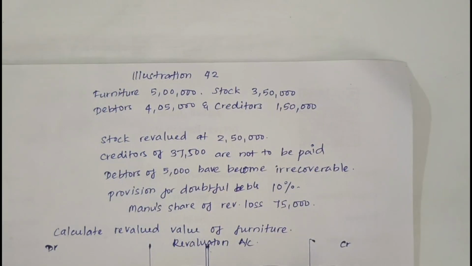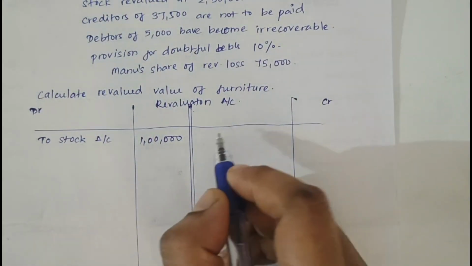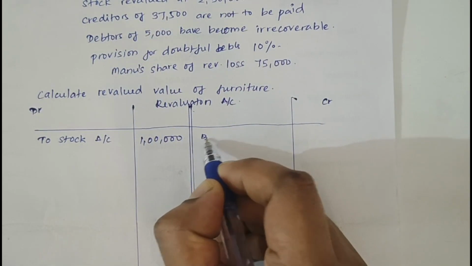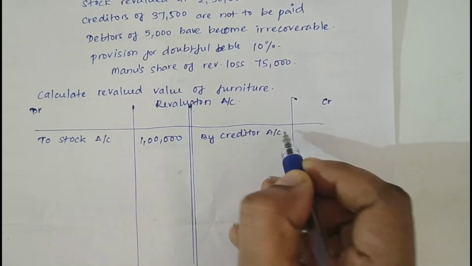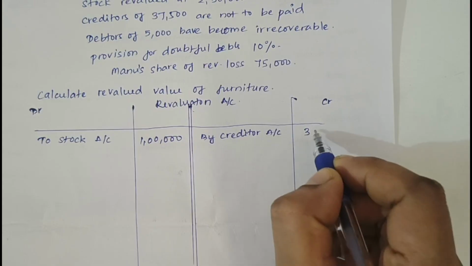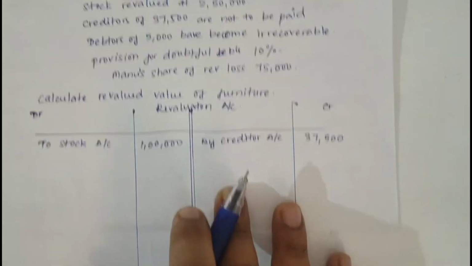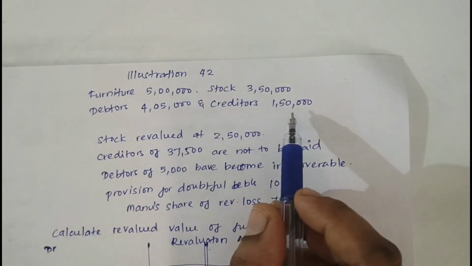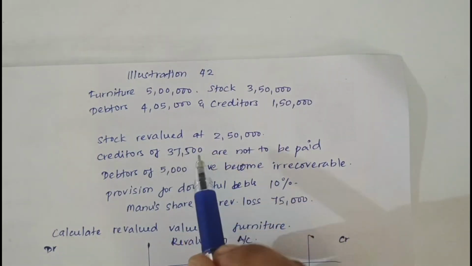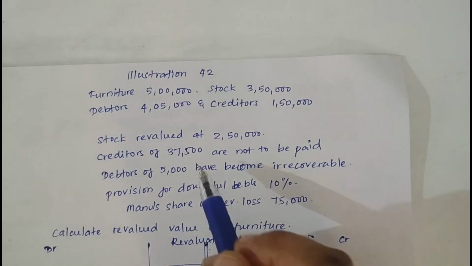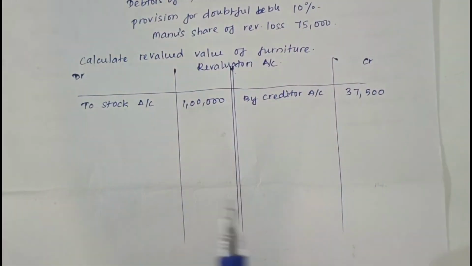In the revaluation account, it will be on the credit side, by creditors, because from 1,50,000 we do not have to pay 37,500. So this 37,500 is the value to be recorded.